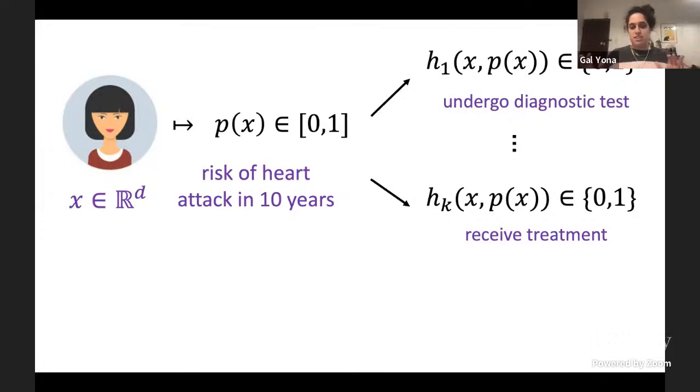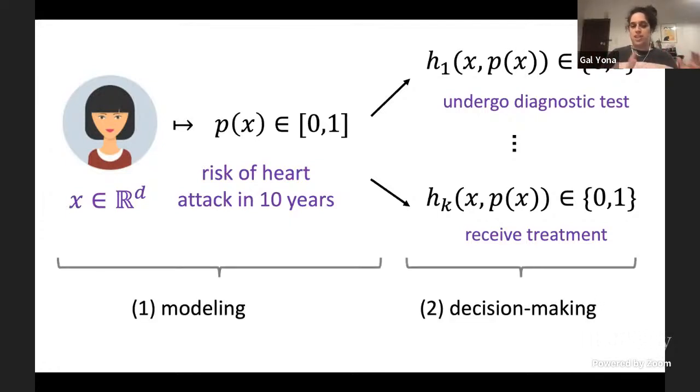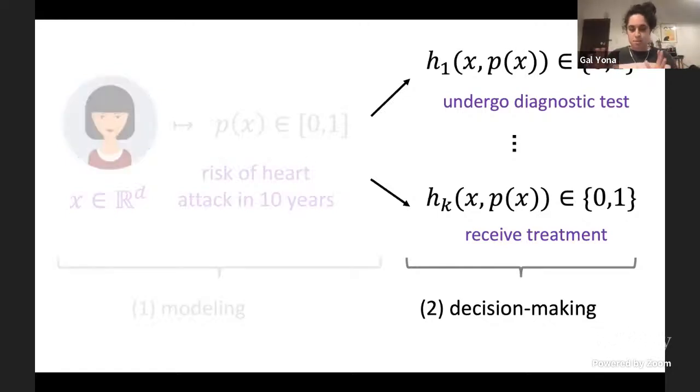So in some sense, this defines two stages: the modeling part of the problem where I fit this risk prediction model, and then the decision-making part, or post-processing, transforming this estimate of risk into potentially actionable decisions. I'll be focused more on this decision-making or post-processing part.